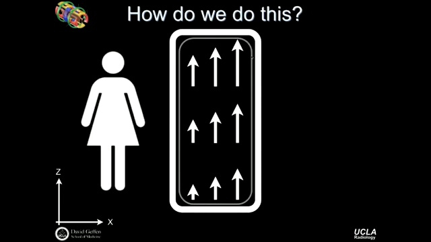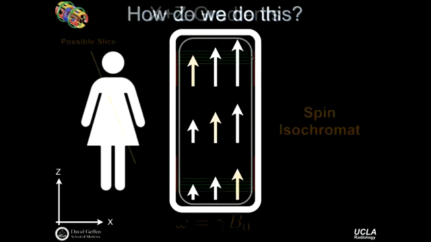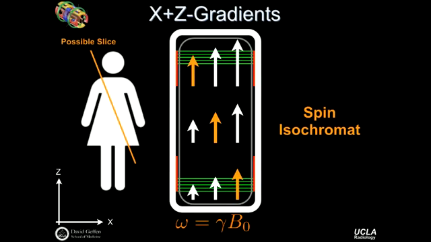So the combination, and I can do this, I can turn on any of my gradients at any time I want. Independent power supplies, independent current sources, the overlapping hardware components, I can just turn one on anytime I want to and turn the other one on anytime I want to. And what's interesting with this is you're able to develop a collection of what we call spin isochromats, spins precessing at the same frequency, or same Larmor frequency.